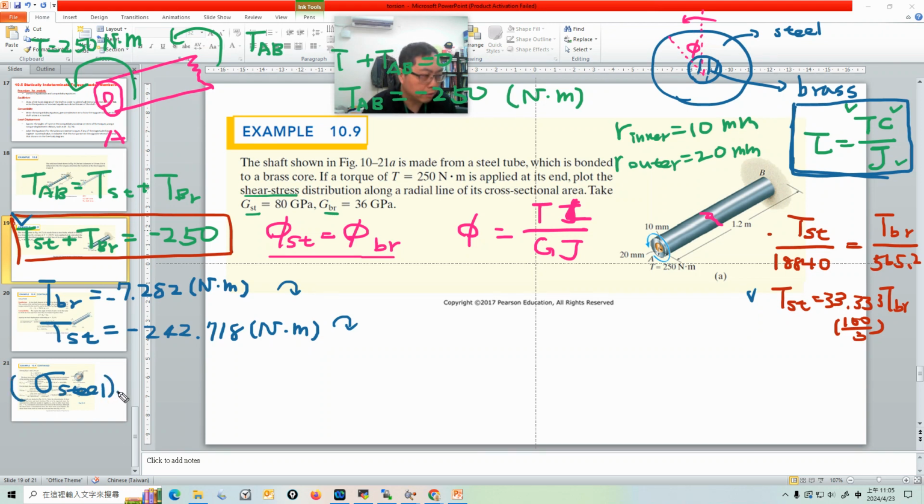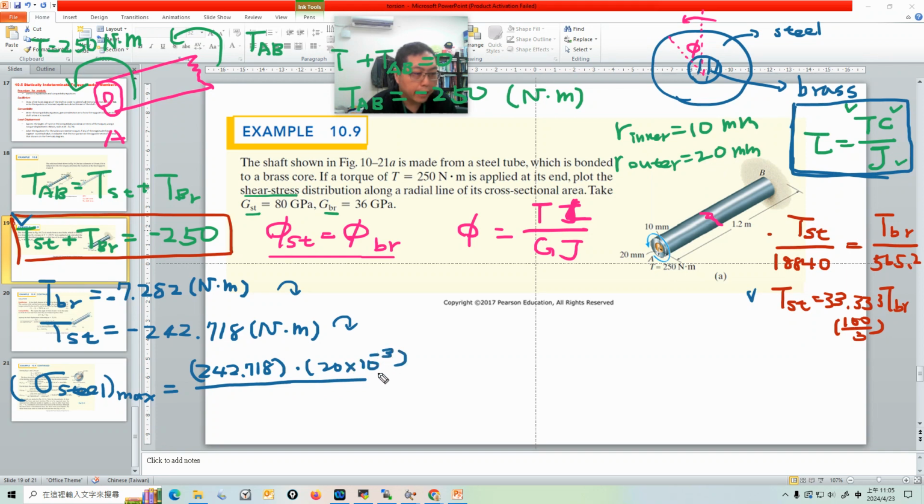The maximum is TC over J. Here we temporarily forget the minus sign, because the minus sign just means the direction. We just put the torque in this formula. At the outermost, C is the radius, 20 times 10 to the power minus 3.